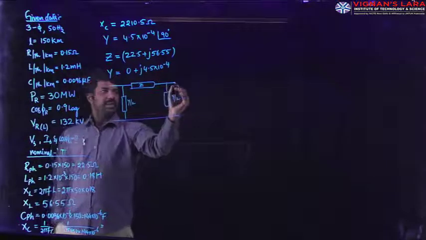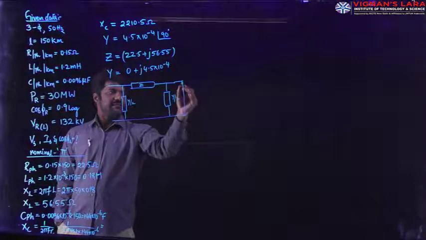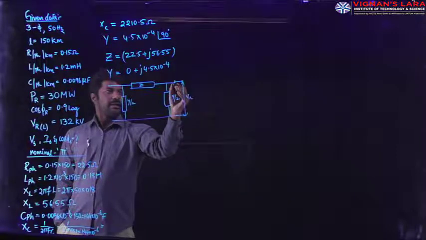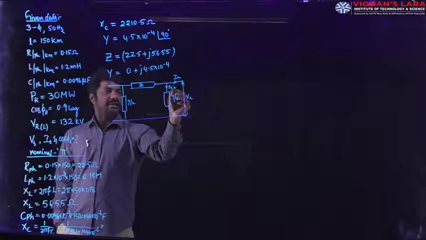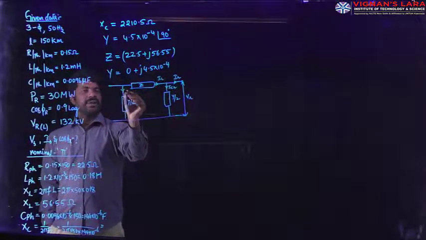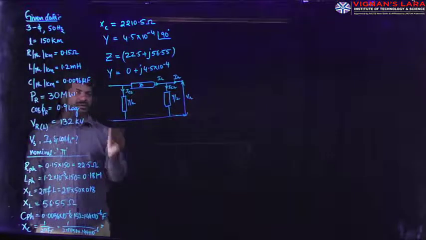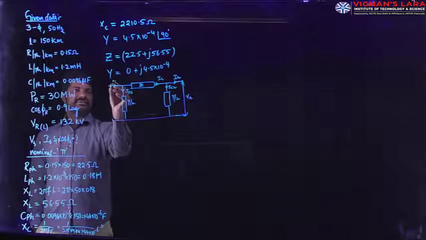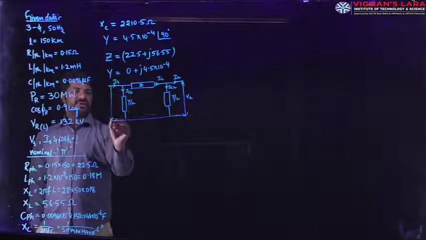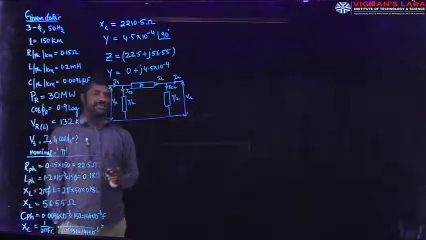And the quantities are VR, IR, ICR, IL, ICS, and this is IS for a voltage of Vs. These are the quantities given.